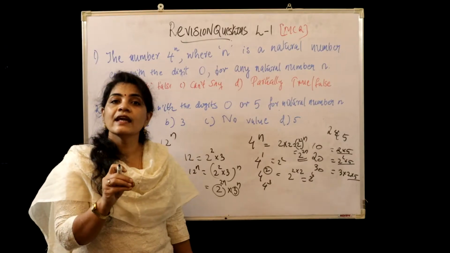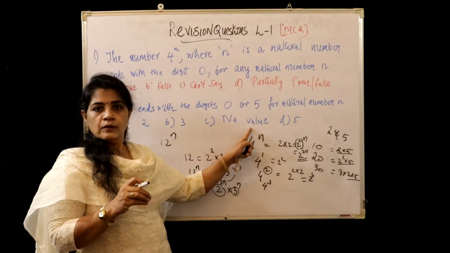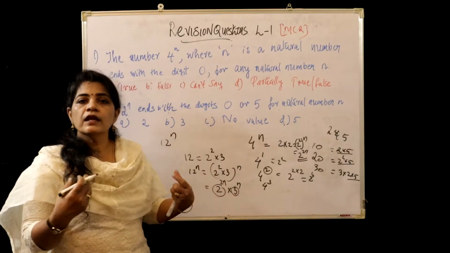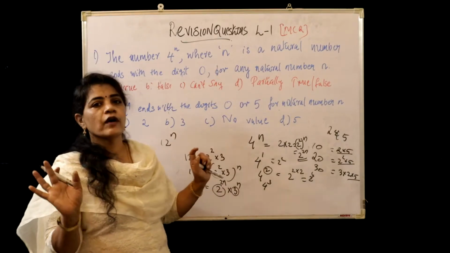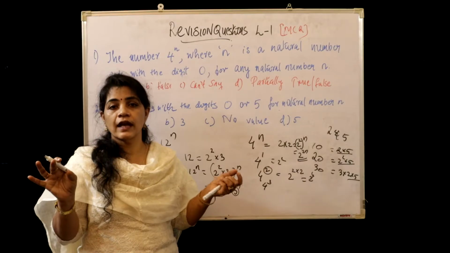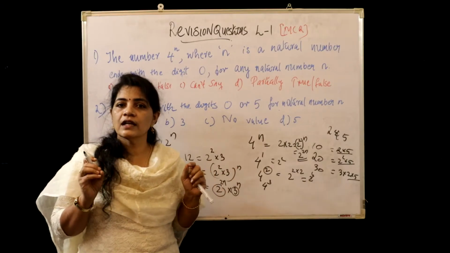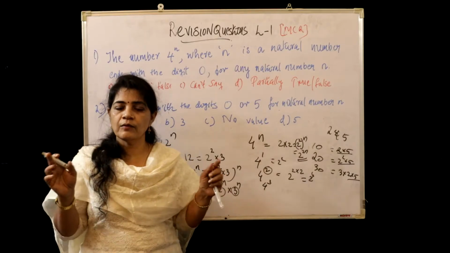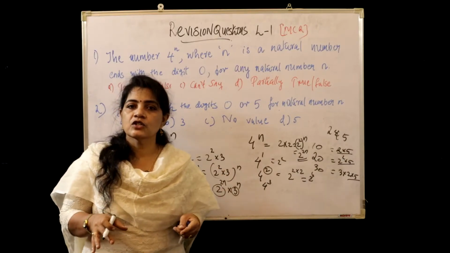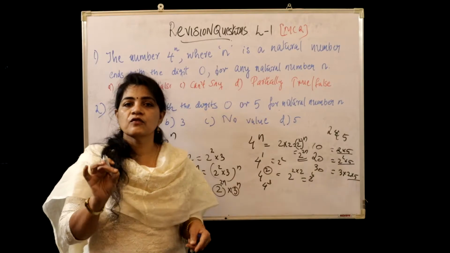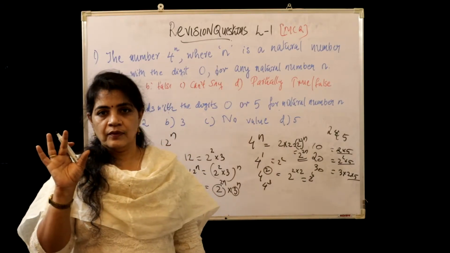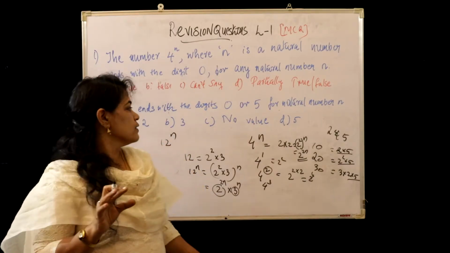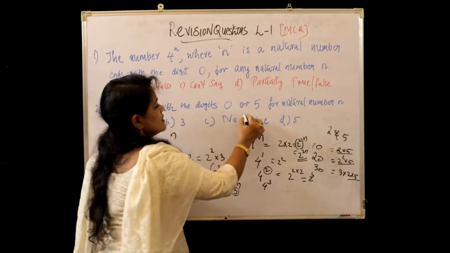So n will take no value. For n equal to 2 or 3 or 5, whatever the value of n, you can see that 12 raised to n never ends with the digit 0. Why? Because in the prime factorization of 12, the prime factor 5 is not there. Understood? So here option C is the correct answer.